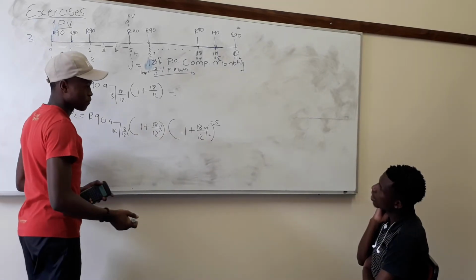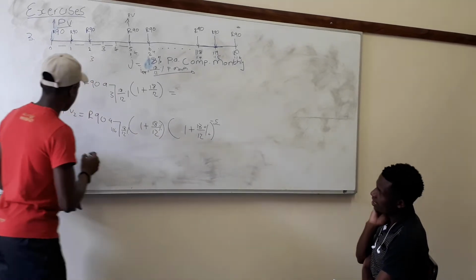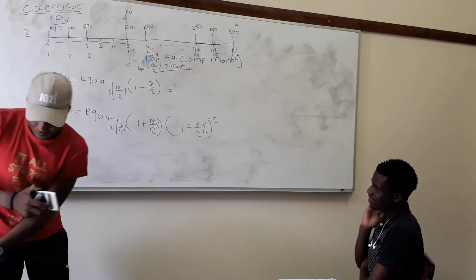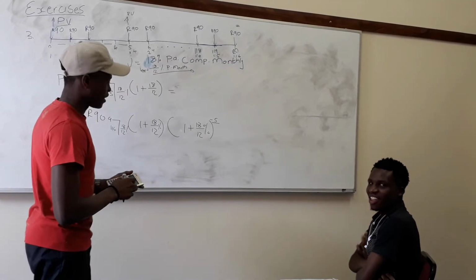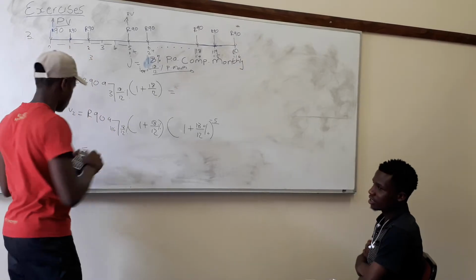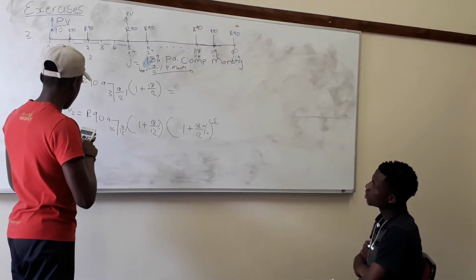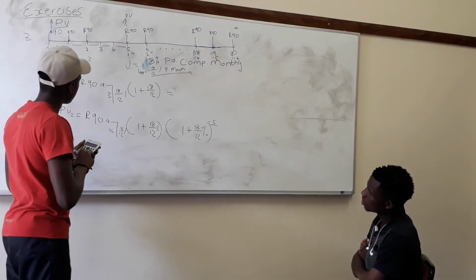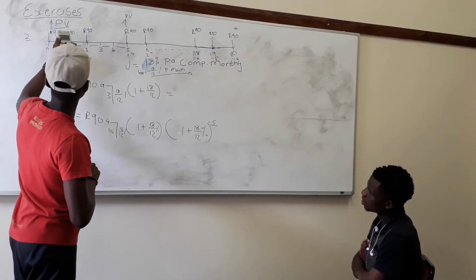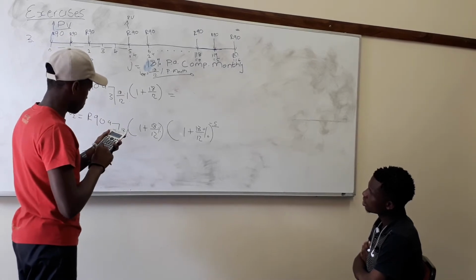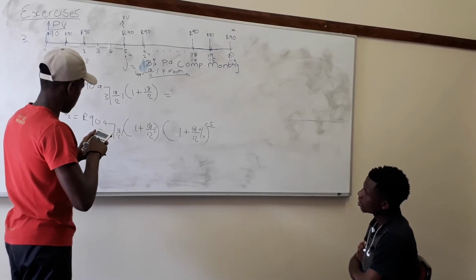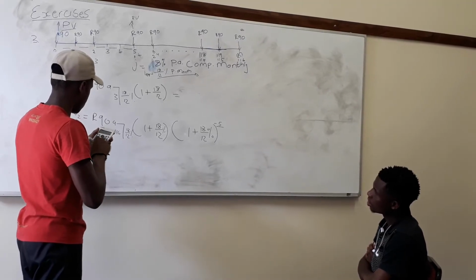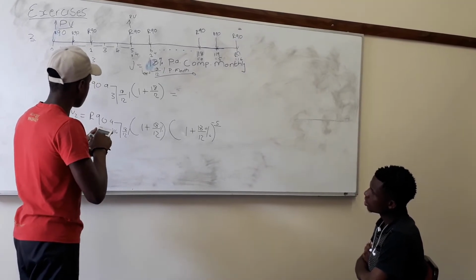Do you understand? Yeah. So you can just take our calculator, and then calculate. We say compound, and then for this one, because it's in advance, you're gonna put begin, and then put the N as 3, and then put I as 18 divided by 12.